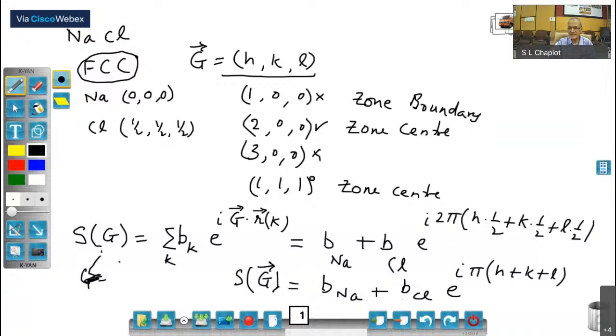In fact, in a very simple case, if the two atoms were identical, then you will find that for certain HKL this term will become 0. For example, for 111, this term would become -1, so it will be b_Na minus b_Cl. So for 111, this would become just b_Na minus b_Cl, which would measure only the difference in the scattering length quantity.